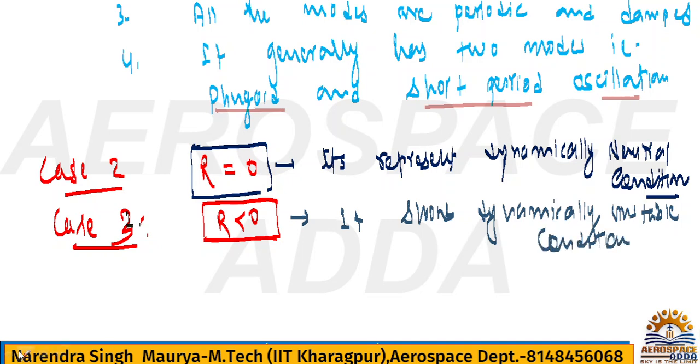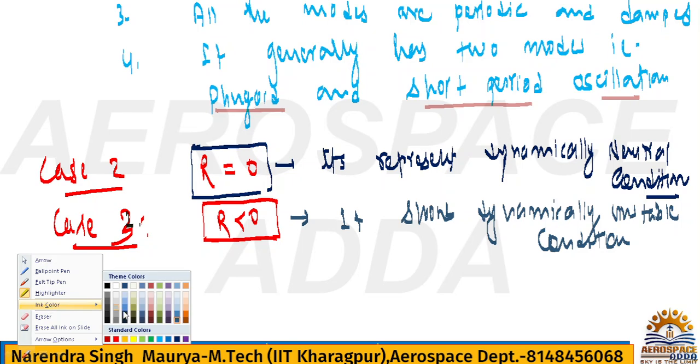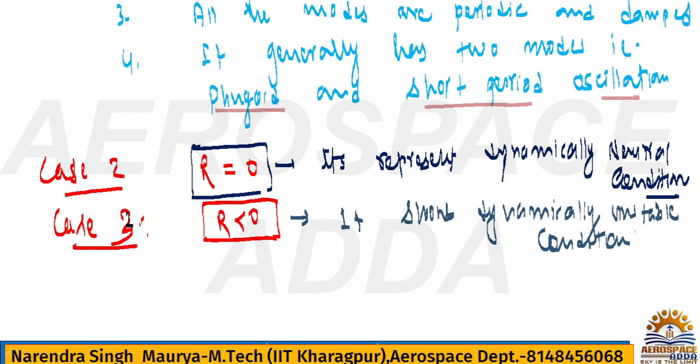So a theoretical question also they can ask: if Routh's constant is positive, then dynamically stable or unstable; or if Routh's constant is 0, then it is dynamically stable, unstable, neutral, none of the above. Also they can ask if Routh's constant is less than 0, which means negative, then it is dynamically stable: option 1 stable, option 2 unstable, option 3 neutral, option 4 none of the above. So for that time also you need to remember this. If you remember, then you will be able to answer.